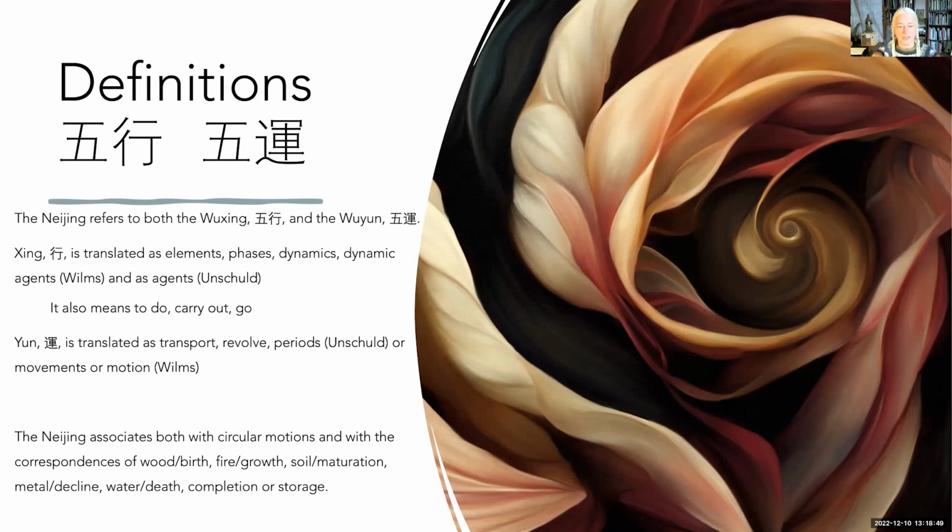So all of these things are going on at this time of year. So it's quite important to see that the wuxing and the wuyuan are associated with the circular motions and that this has to do with birth, growth, maturation, decline, and completion.